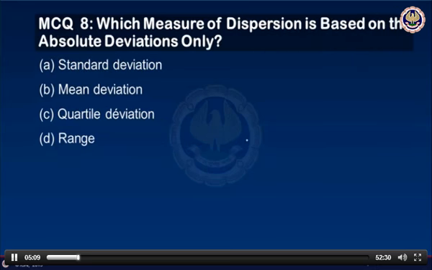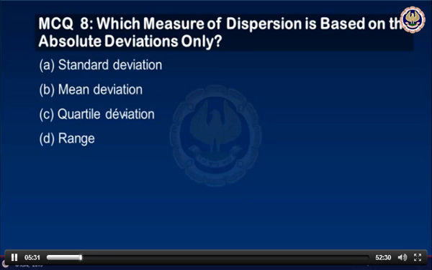So the right option for this MCQ is D. MCQ 8. Which measure of dispersion is based on absolute deviations only? A. Standard deviation, B. Mean deviation, C. Quartile deviation, D. Range.